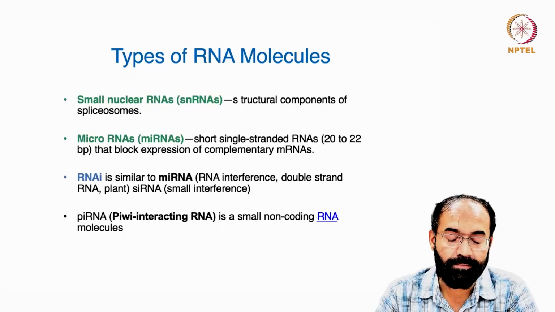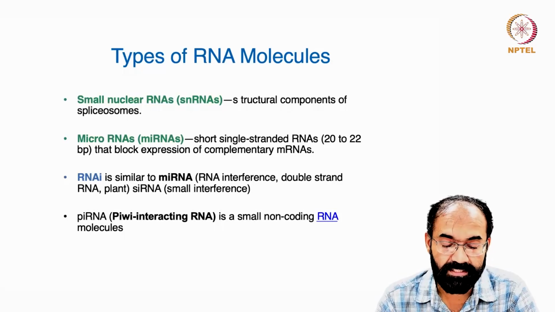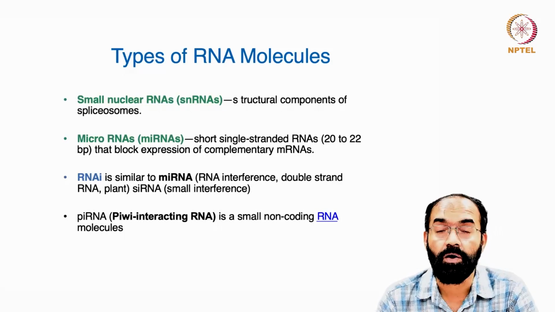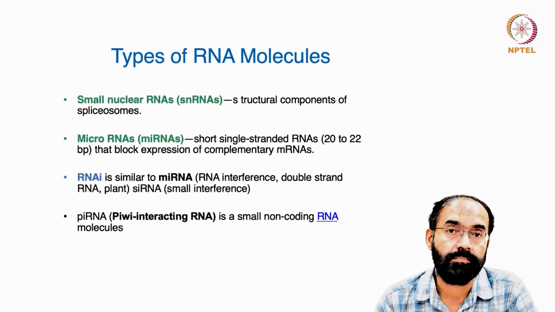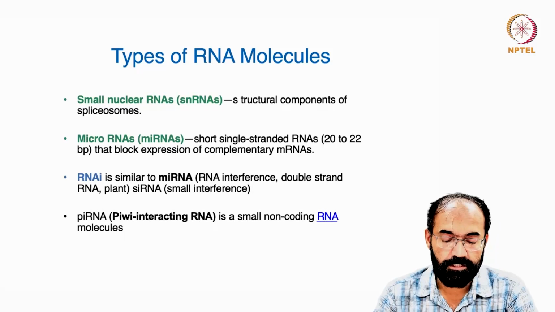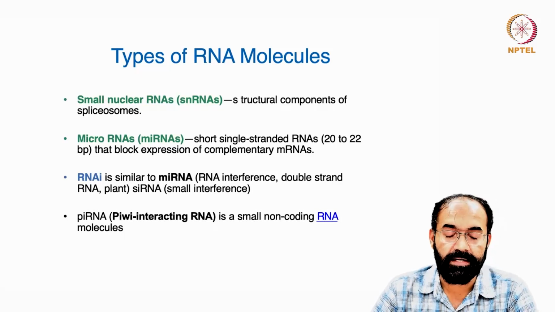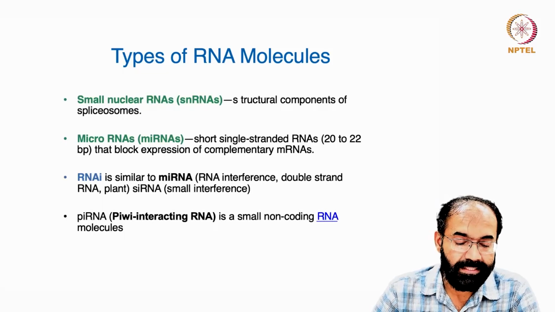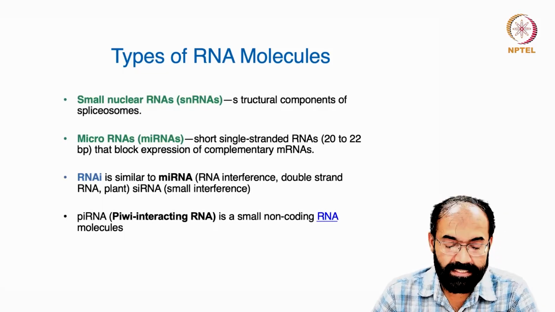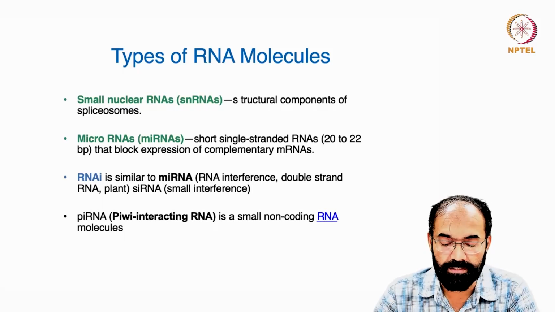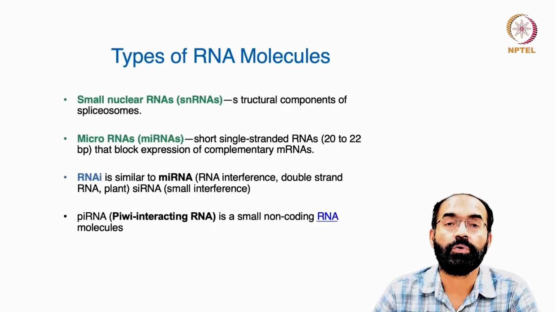And then RNAi, that is RNA interference, that is similar to microRNA, and the double-stranded RNA that is seen in plants also influence the translatability of an mRNA. And siRNA is small interfering RNA that also can influence the expressivity of an mRNA. Then comes piRNA, that is PIWI-interacting RNA, normally seen in the germ cells, identified in mouse germ cells, and it's also a non-coding RNA.